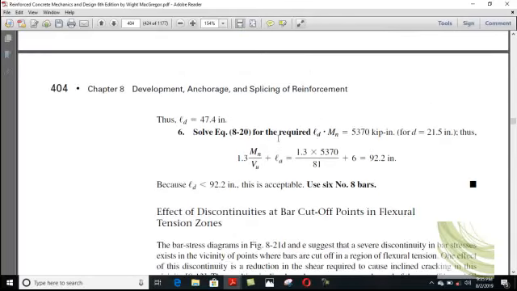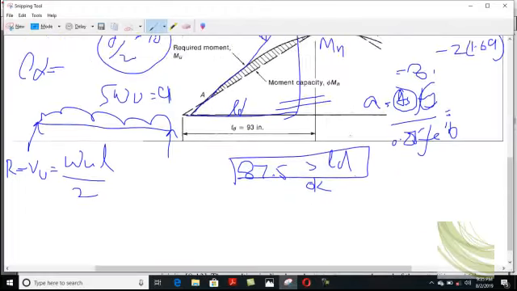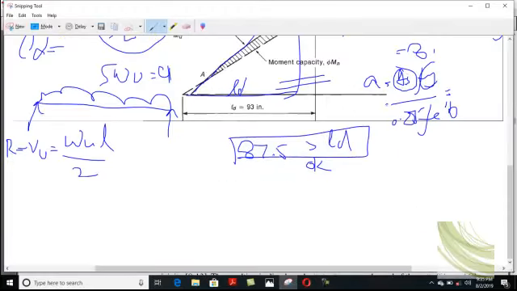And now you need to find out Mn for 6 number 8 bars. Clear? So you just need to determine A from the same formula, but here your As will be changed. You have 6 bars, 6 multiplied by the cross-sectional area of a number 8 bar, which I think is 0.79 square inches.